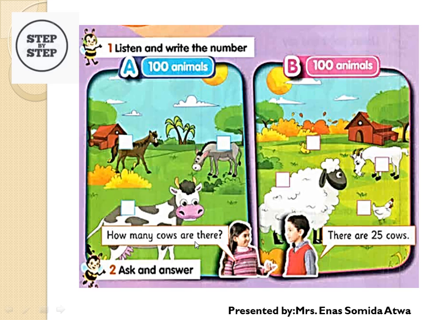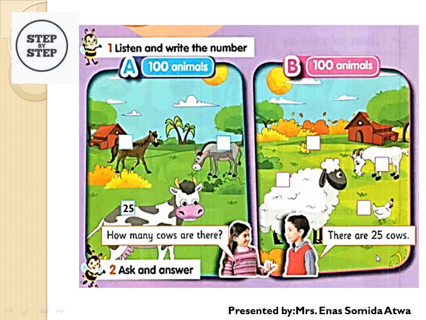How many cows are there. يبقى how many للسؤال عن كم العدد. تمام. طيب قالك there are 24 cows. يبقى لما اجي ارد هعمل العكس، بدل are there تبقى there are. There are 25 cows.